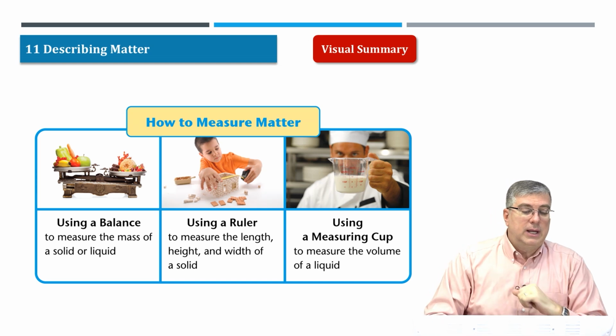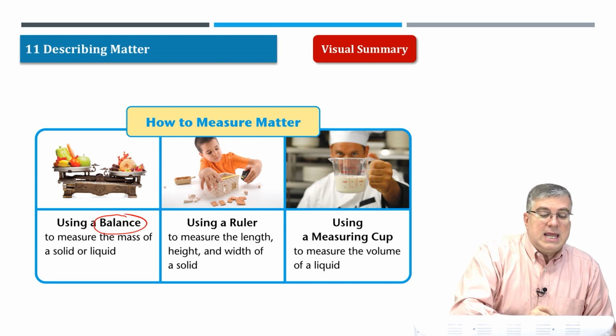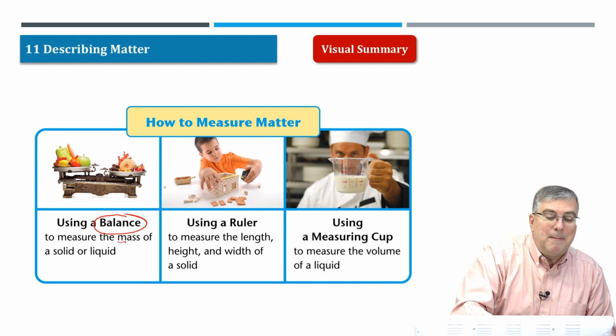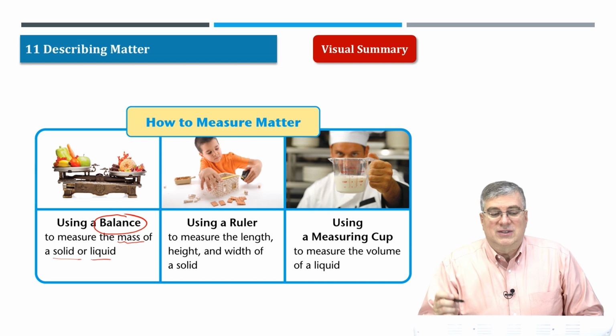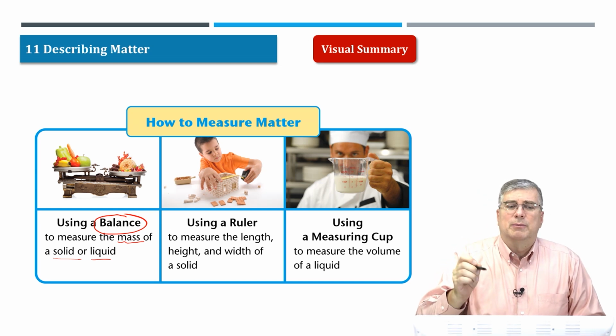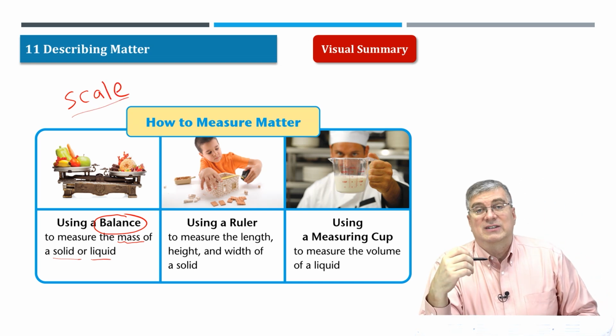So as I said before, using a balance, we use a balance to measure the mass of a solid or a liquid. So you use a balance to measure the mass. If you want to know how much something weighs, then you use a scale. A scale, and there are many electronic scales these days.